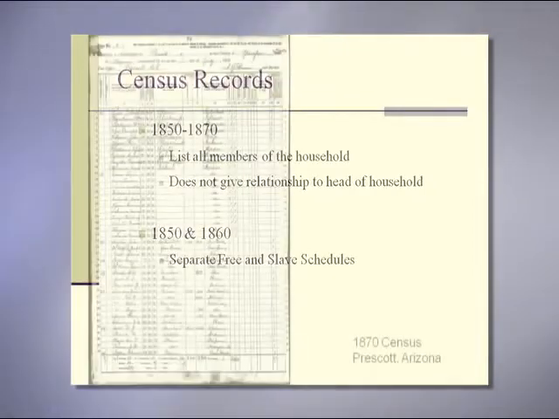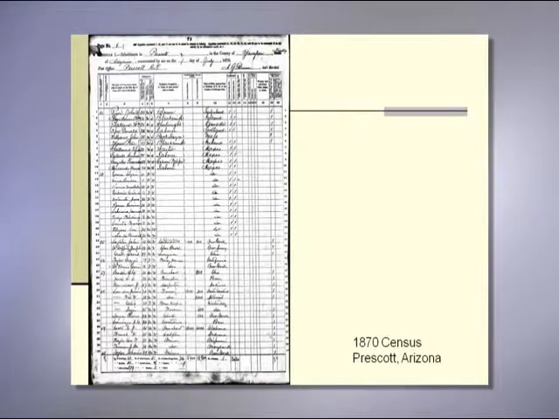Okay. This is the 1870 census for Prescott, Arizona, and you get the name of the person, their age, sex, and race, their occupation, and where they were born. The final question reflects what went on the previous decade.